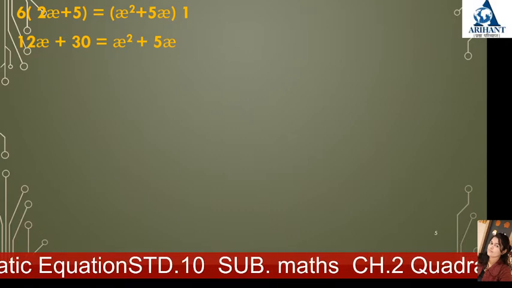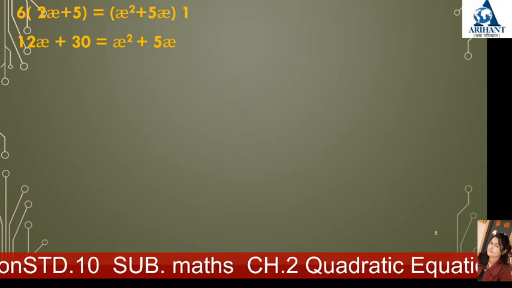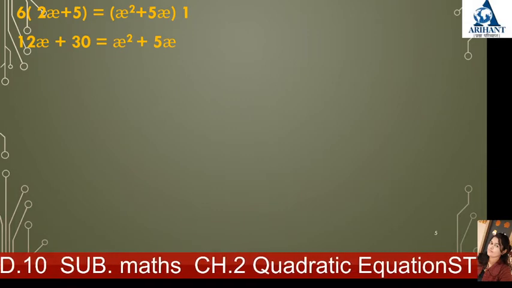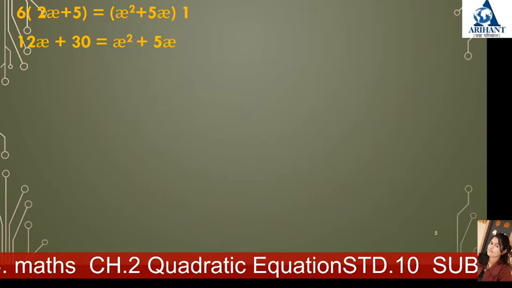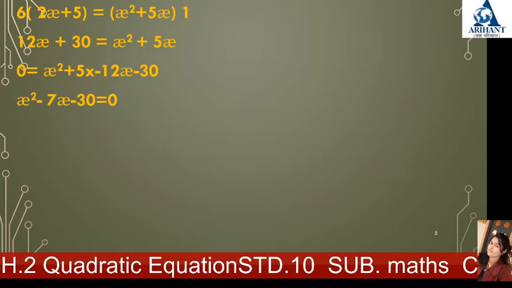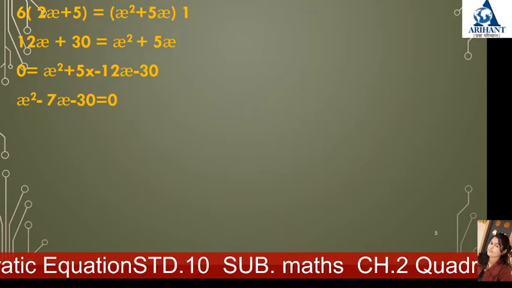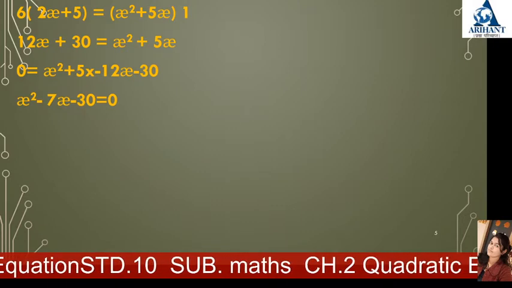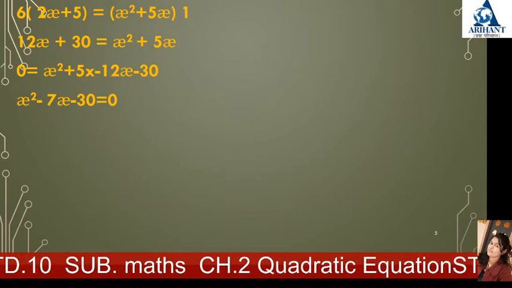We multiply 6 to the bracket and 1 to the next bracket. So we will get 12x plus 30 is equal to x square plus 5x as it is. Then we have to shift 12x plus 30 to the right side. So what will remain on the left? 0. So 0 is equal to x square plus 5x minus 12x minus 30.